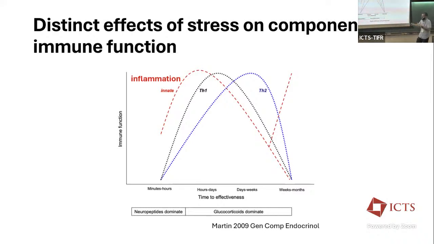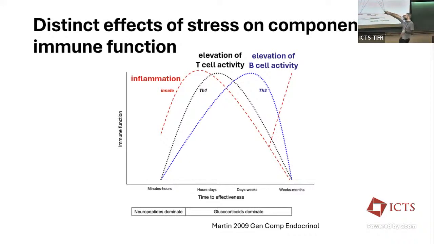And then as these stressors prolong, you may also get elevation of T cells and B cells, but it's only at a really long, chronic, stressful event that you start to see an increase in immune function and then a decrease. And actually you get this bifurcation in the inflammation response, where you may end up with chronic inflammation that can lead to more pathology happening in an animal.